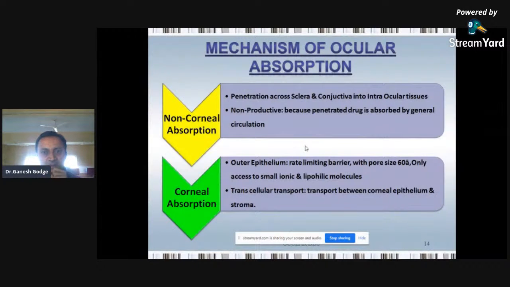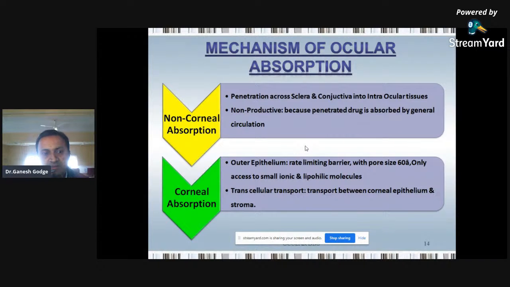If you want to explain the mechanism of ocular absorption, you should be able to distinguish corneal absorption from non-corneal absorption. The meaning of corneal absorption is self-explanatory: absorption of the drug takes place through the cornea, which is the outermost layer of your ocular sac.